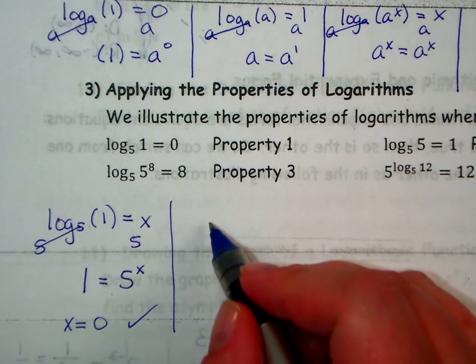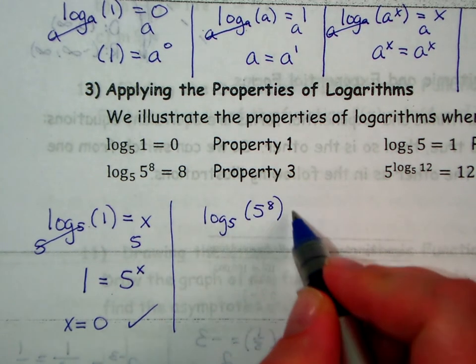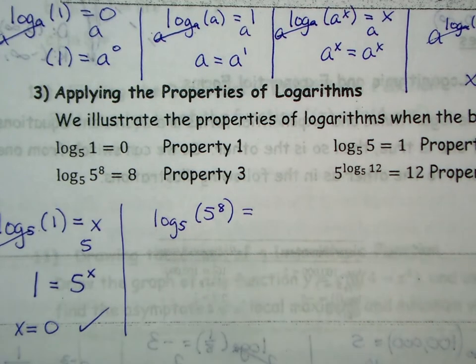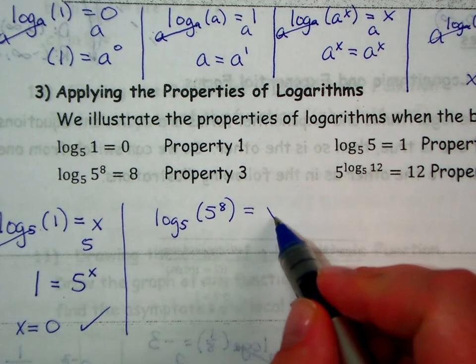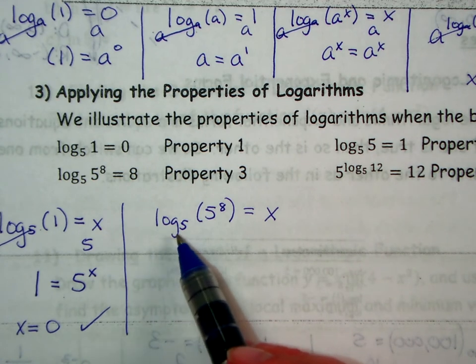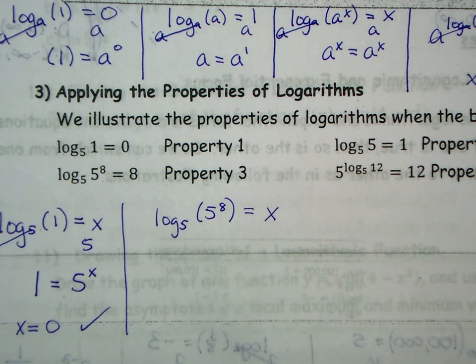All right, next one, log base 5 of 5 to the 8th equals what? I know the answer is 8 right there, but let's say it equals x. Make it into an equation where you don't have that answer. Now here I have a logarithm base 5, and I have an exponential base 5 in the argument.